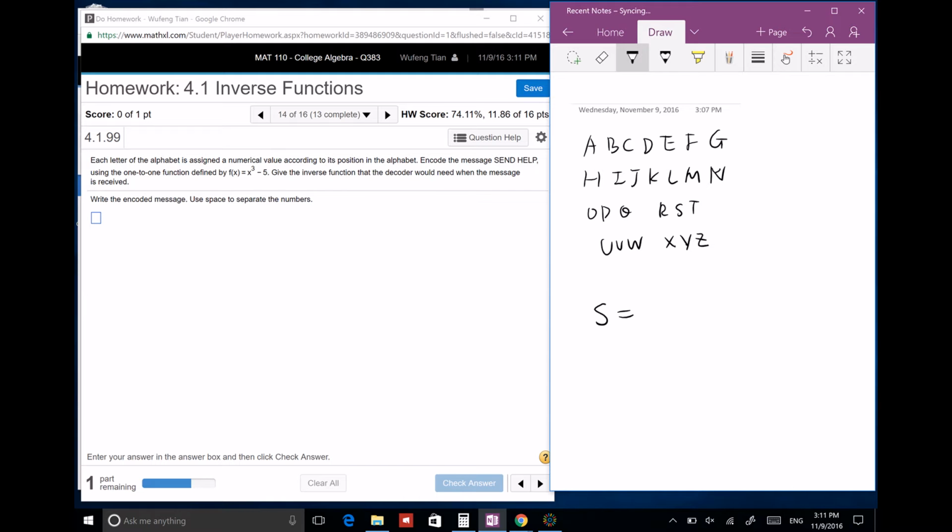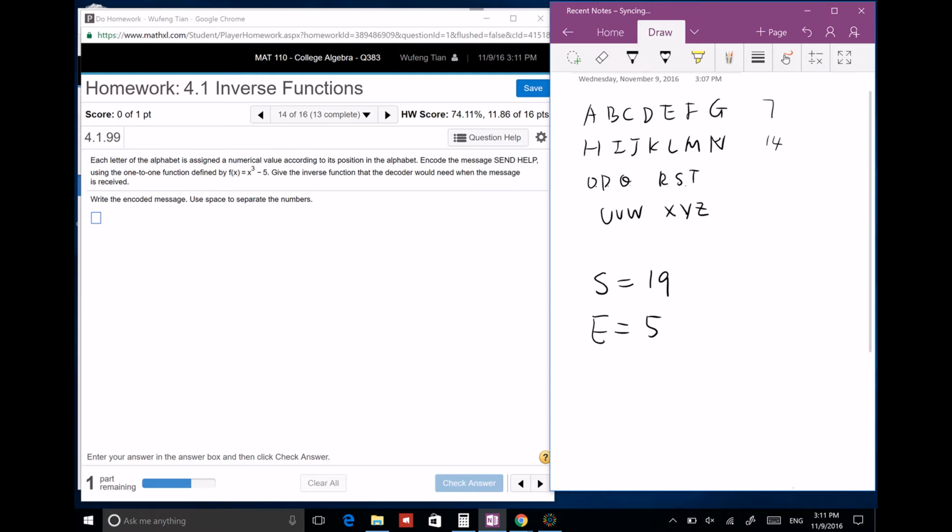S is what position? 1, 2, 3, up to 19. And E is the fifth number. N is the 14th number.